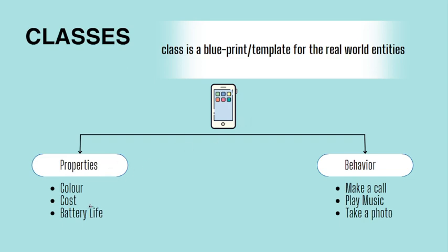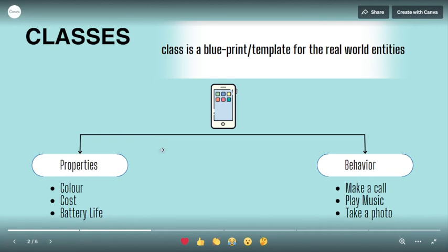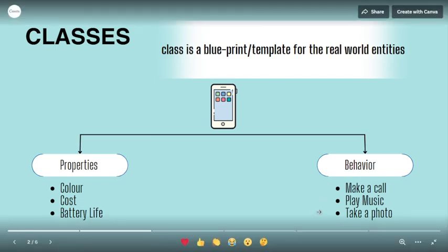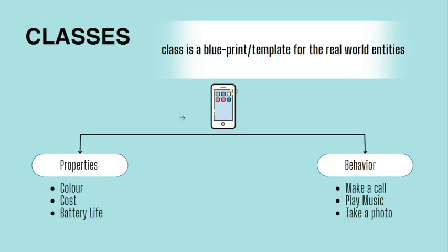They are color, cost, battery life, and there are some more too. Also there are behaviors such as making a call, playing music, taking a photo. These are the properties and behaviors of this blueprint or this template. That is what we call a class. So classes could have properties and behaviors. An example for a class, actually an object made using this template, is a phone.